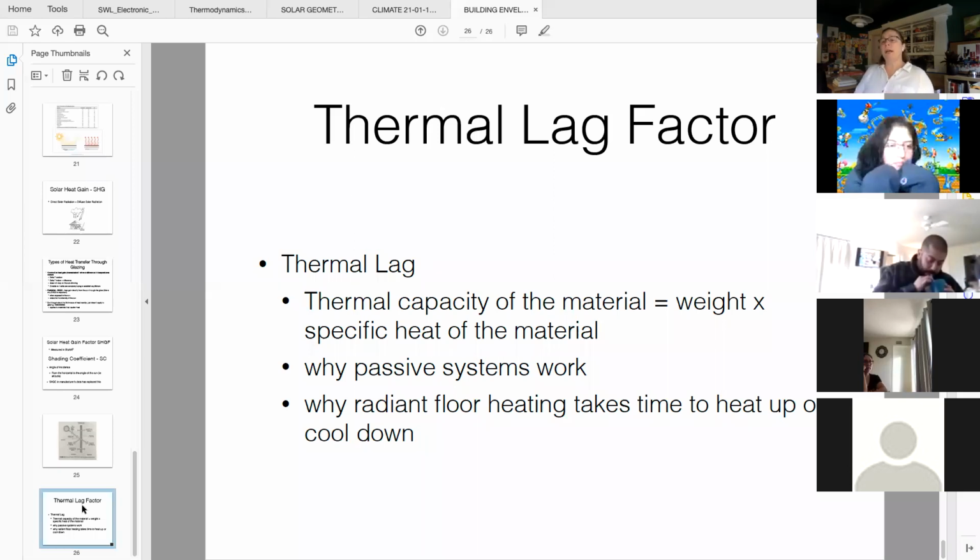So the thermal lag is the amount of time that it's going to take for heat to transfer from one side of the material to the other, or from one side of your assembly to the other side. And that's going to be based on the thickness of your material and on what the temperature differentials are on either side of that material.